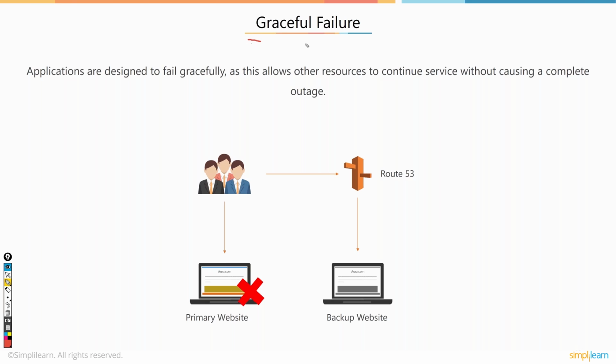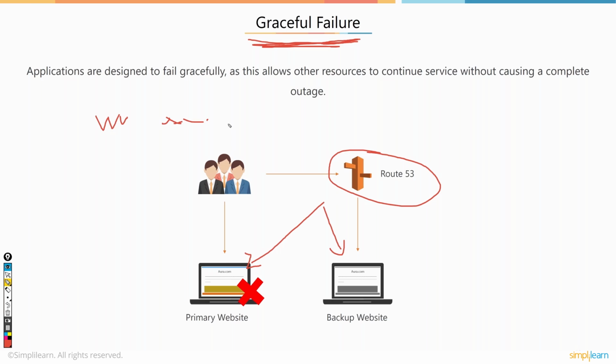You have also a feature called graceful failure. What it means is, with a system like Route 53, which is basically Amazon's version of a DNS, you are capable of deploying two website locations, and via one address, something like www dot whatever you want, users can go to the primary source.